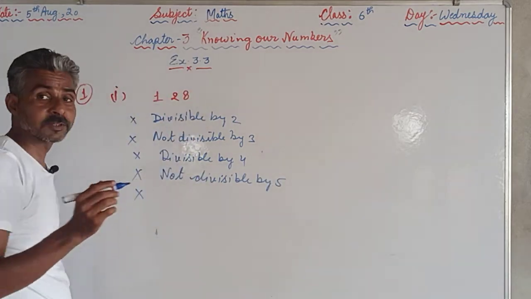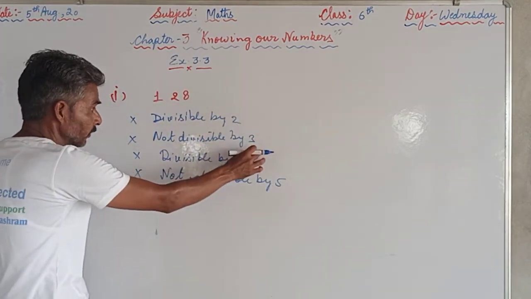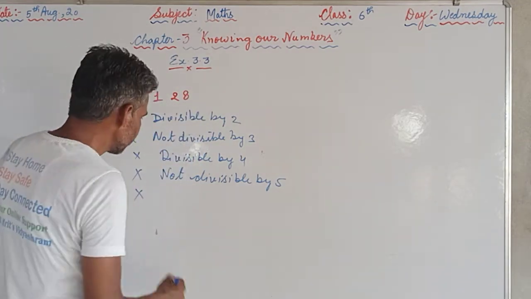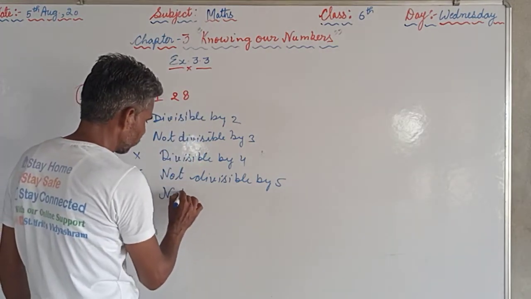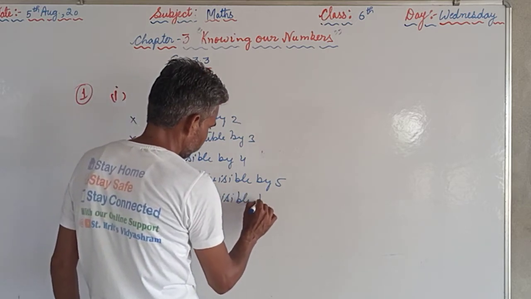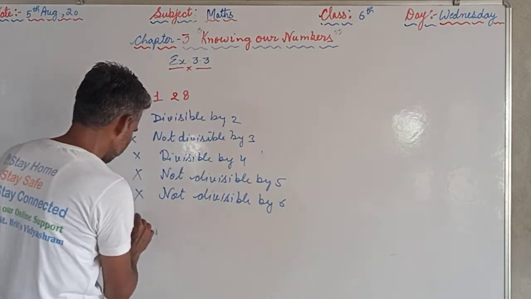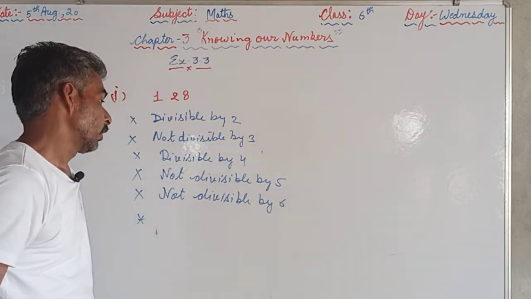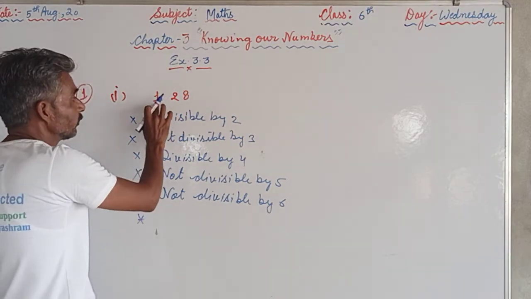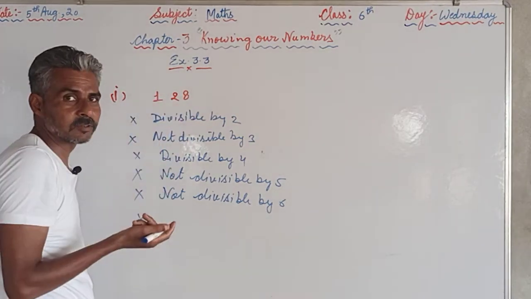For 6 the number should be divisible by 2 as well as by 3. It is divisible by 2 but not by 3, means it will not be divisible by 6. Now after 6 there is 8. For 8 we should have 0s in the last 3 places, so that is not the case.